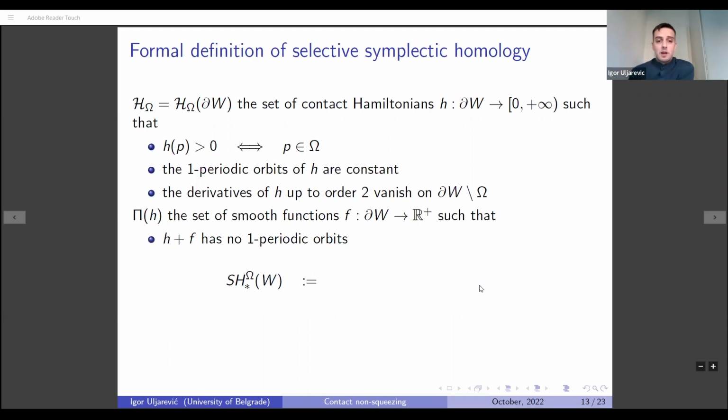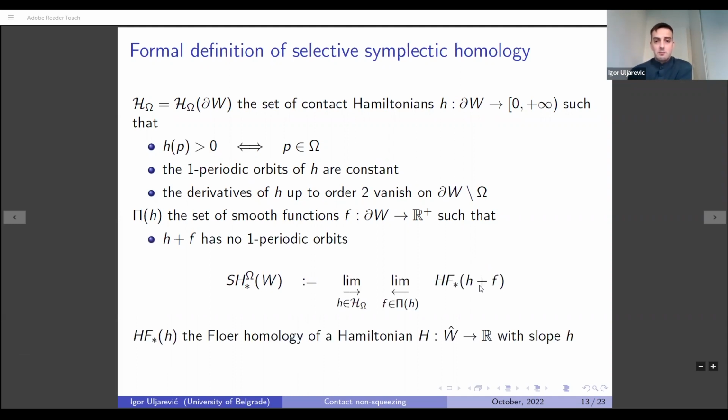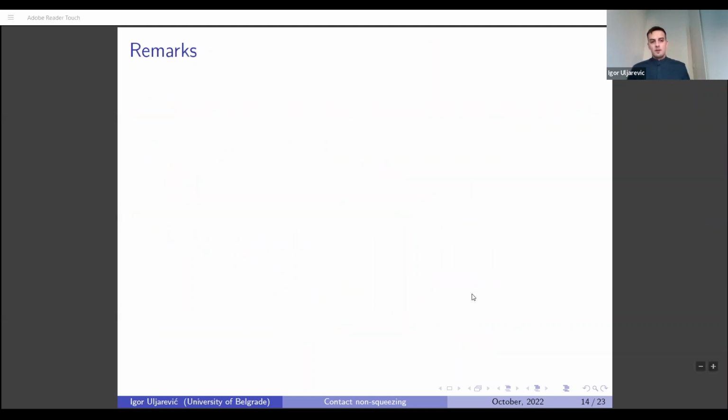And now the symplectic homology is the direct limit when H goes through H omega of the inverse limit when F goes over the set of perturbations of the Floer homology for the sum of H and F.